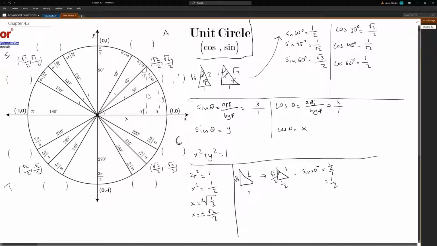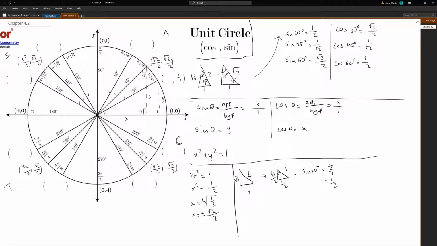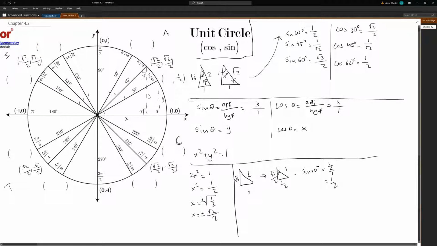Therefore, we have found that sine 30 equals 1/2. So we're all good there. Now, let's look at our next part, which is our cosine. Cos 30 equals adjacent, which is square root of 3 over 2, again divided by 1, which equals square root of 3 over 2. So we found that this is square root of 3 over 2.